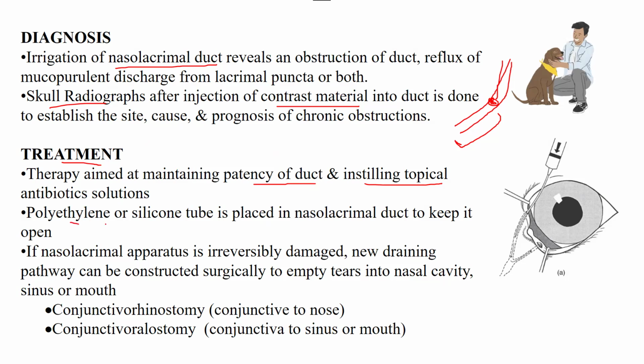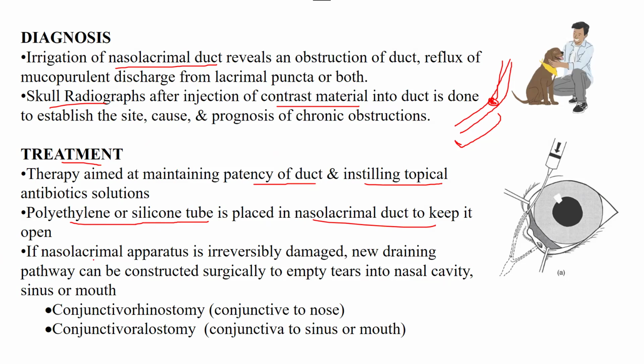Next thing is a polyethylene or silicone tube is placed in the nasolacrimal duct to keep it open. So it is another treatment plan we can use, where we permanently instill this tube into this duct and it remains open.